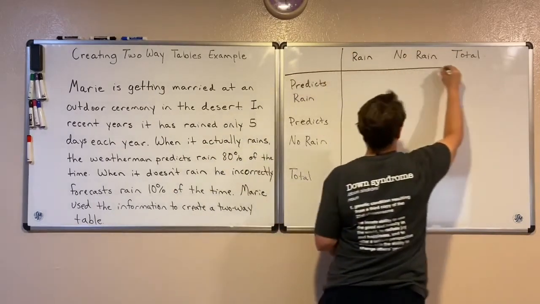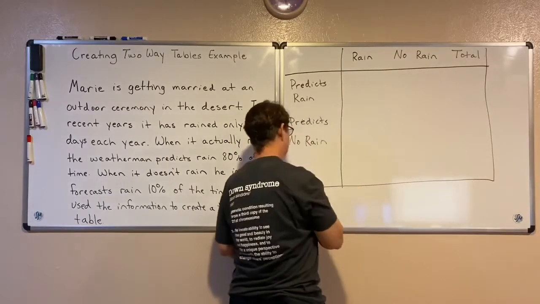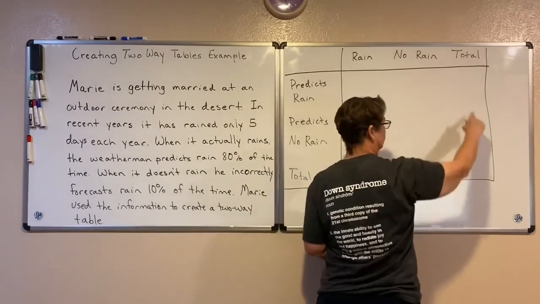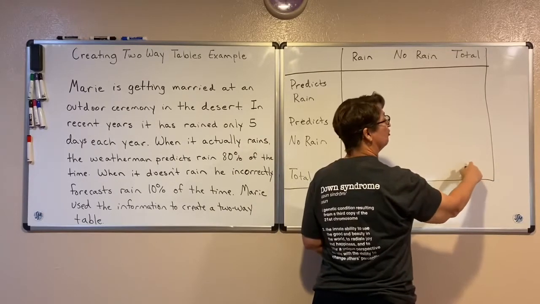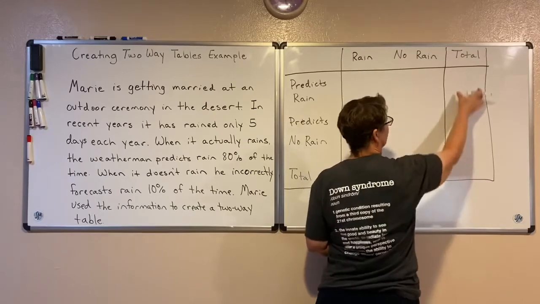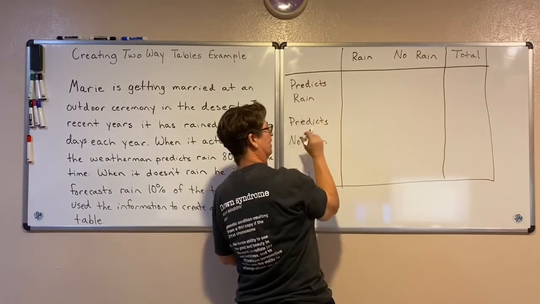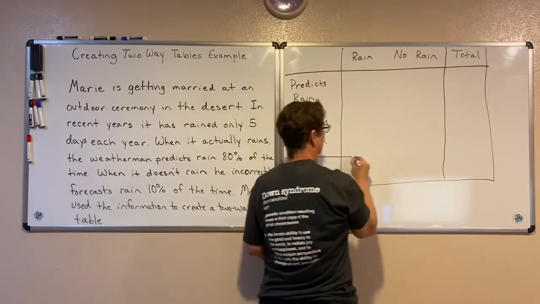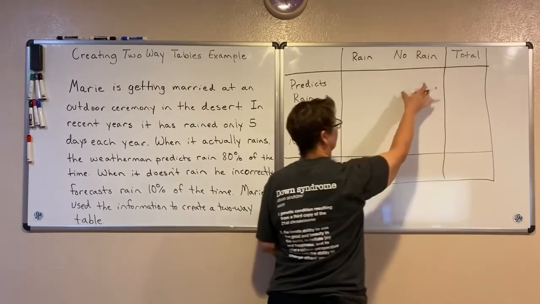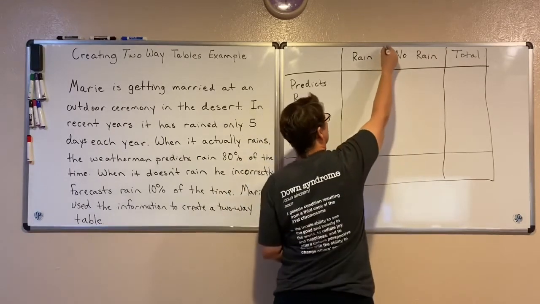And then our boxes here, down in the very corner, we're going to have our total population. Then this column is going to be the total number of days predicted rain and the total number of days predicted no rain. And this total is going to be the total number of days that it didn't rain and the total number of days that it did rain.